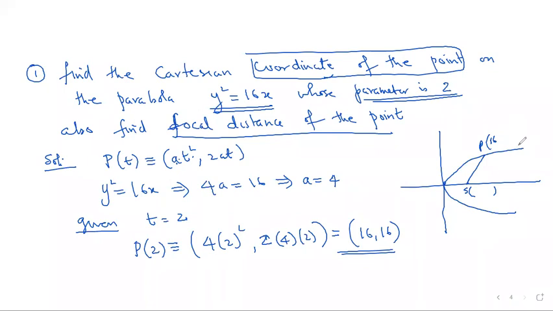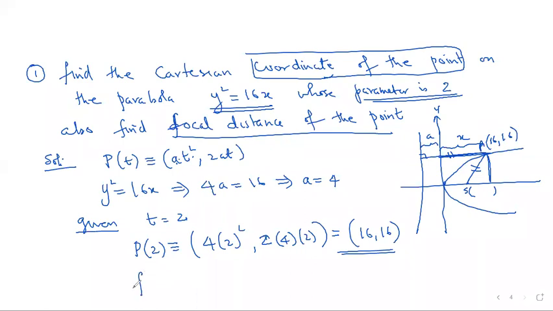Second method is, without even thinking about it, write the answer. You know that for a parabola, the focus, this length and this length are equal. You also know that if this is the y-axis, this length is a, and this length from here till here is the x coordinate.